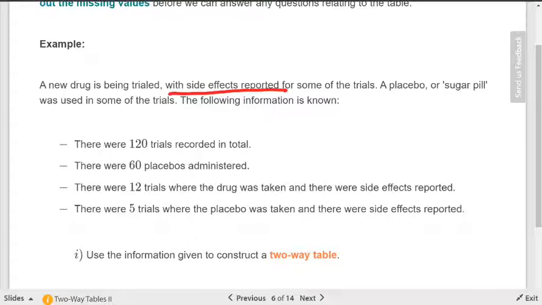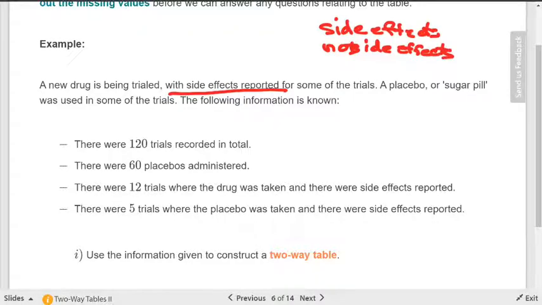No. Okay? So I know that one of my categories is going to be side effects. And the other one is going to be what? No side effects. Okay? Make sense? So they don't even tell me what one of them is going to be, they tell me what one of them is, and I can assume then the other one is not.